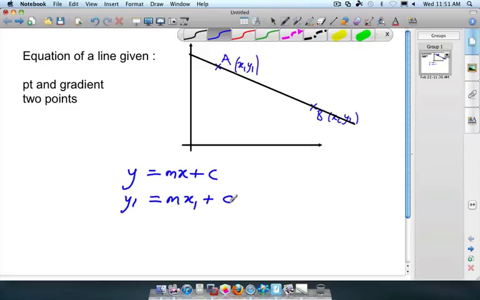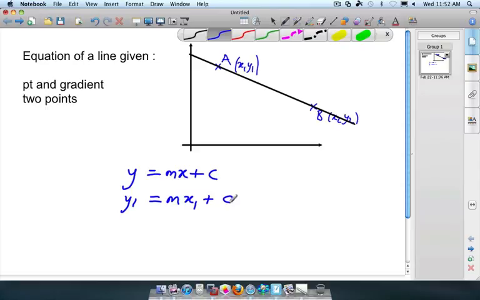That must be true. If the point x1, y1 is on y equals mx plus c, then we must be able to substitute it into y equals mx plus c, and it must be true. Okay? So you'll see why I'm doing this in a moment.